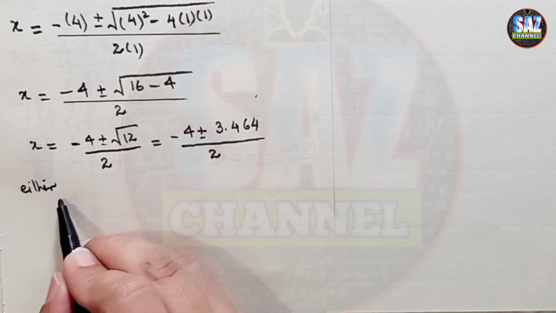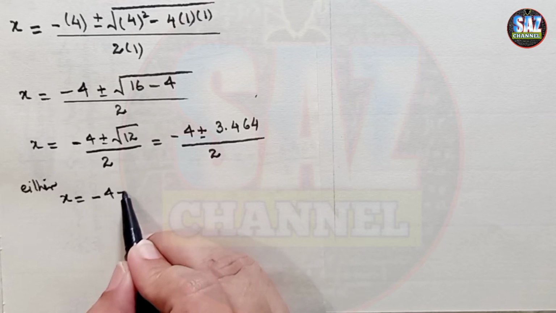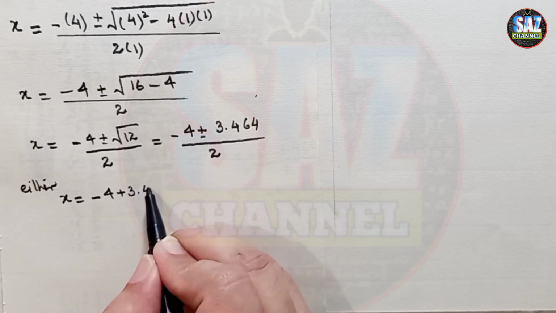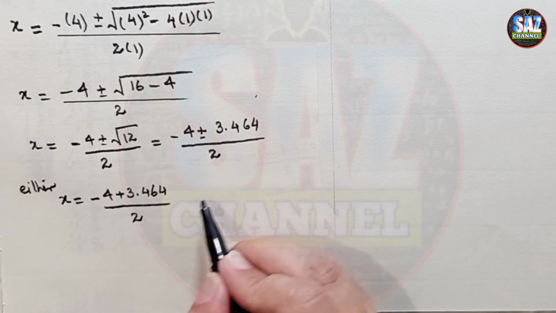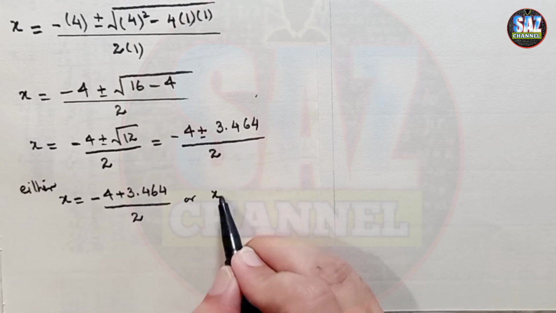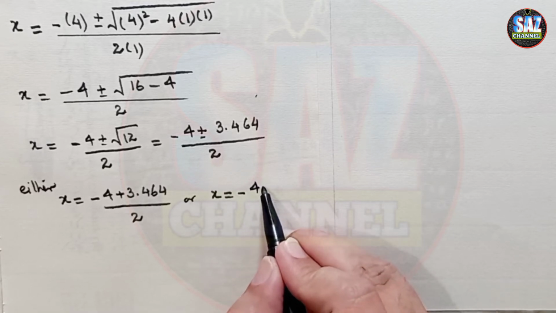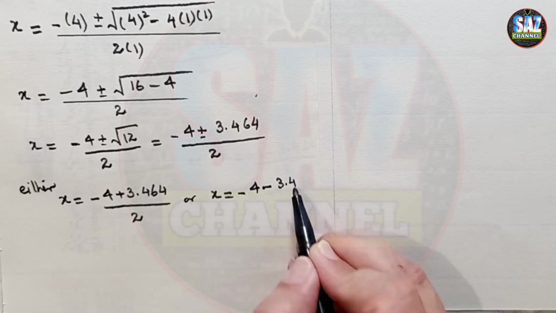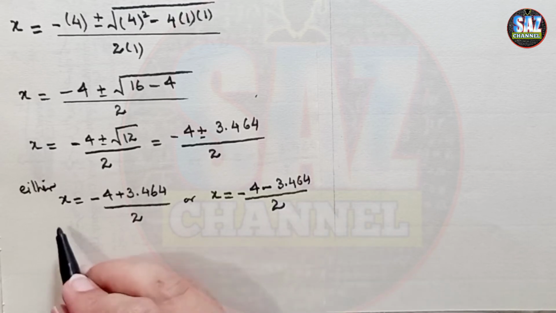Either x will be equal to minus 4 plus 3.464 by 2, or x equals minus 4 minus 3.464 by 2.